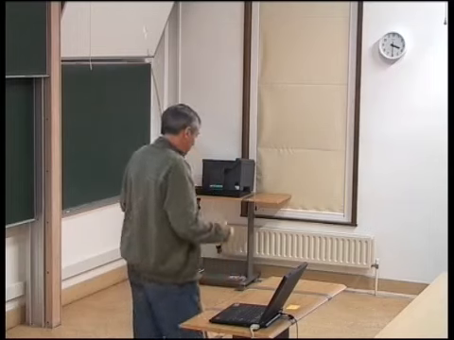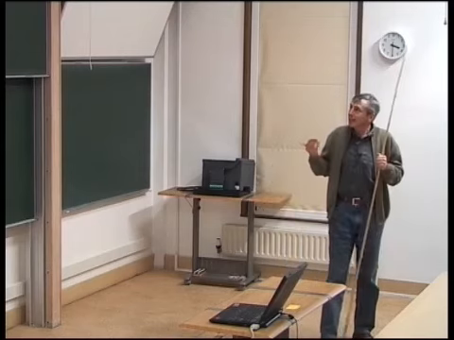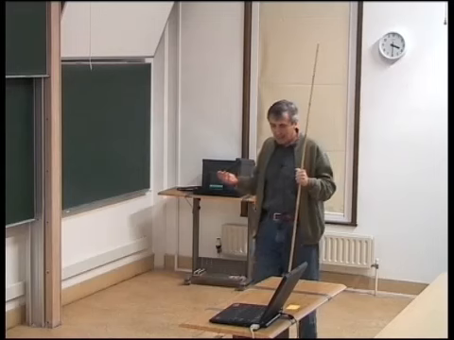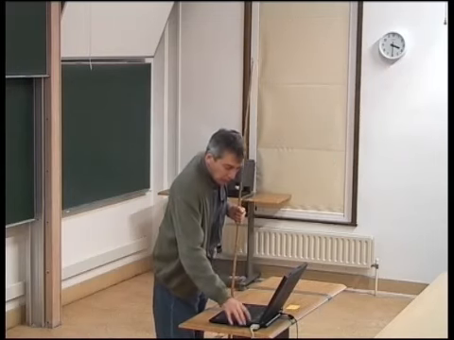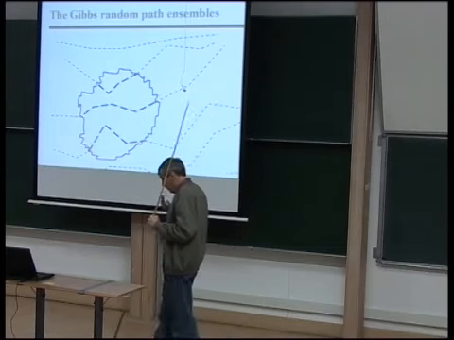So let me define for you what it is that I will call a Gibbs random path ensemble. Maybe let me go to the picture, and then we go back to this slide. So imagine I have some ensemble of paths, of lattice paths on the plane. I have to specify exactly what paths are allowed, and I want a probability distribution on those paths, and I want that probability distribution to have the following Gibbs property.